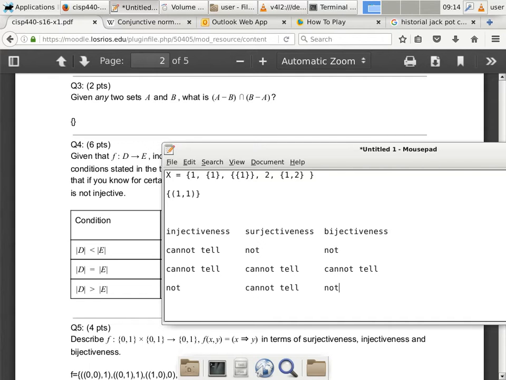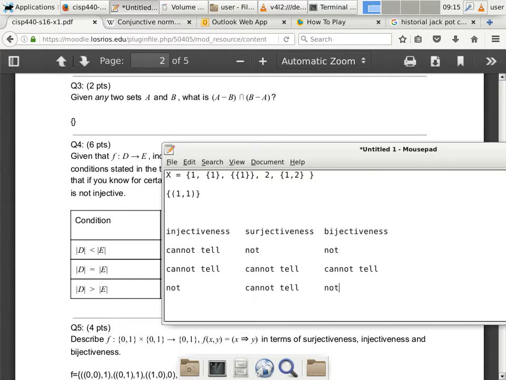Yep, go ahead. How could it be surjective if the domain's bigger than the codomain? In order for something to be surjective, the cardinality of the domain has to be greater than or equal to the cardinality of the codomain. Yes.